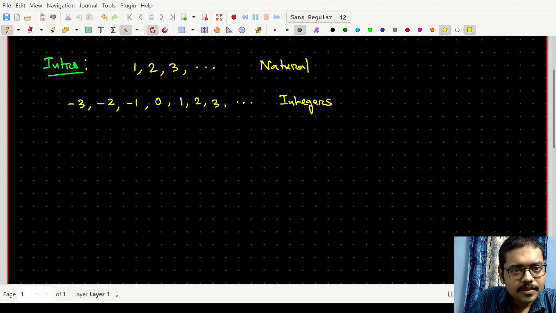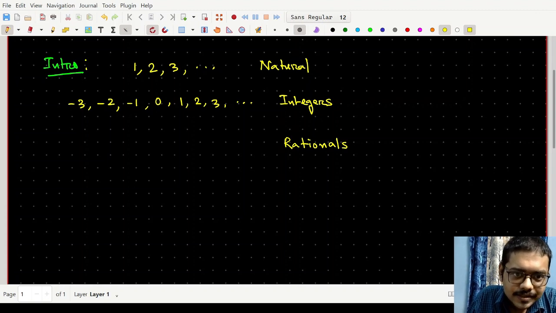And then comes the rationals. Rational, the word ratio is included. So the rational numbers are ratios of whole numbers where the denominator is obviously non-zero.